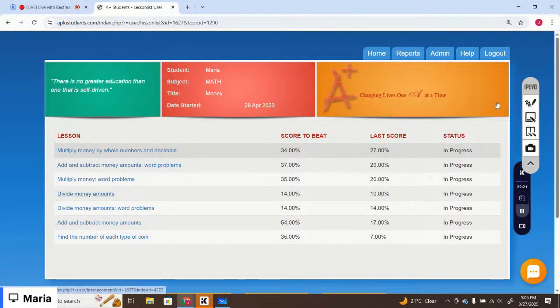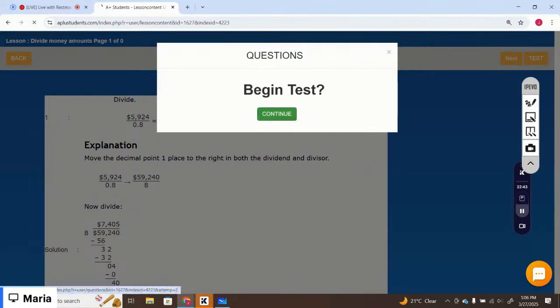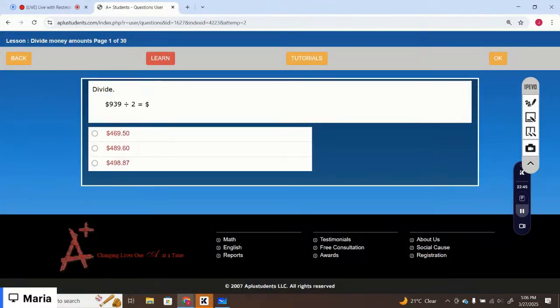Divide money amounts. Let's just start with the test questions. 939 divided by 2.